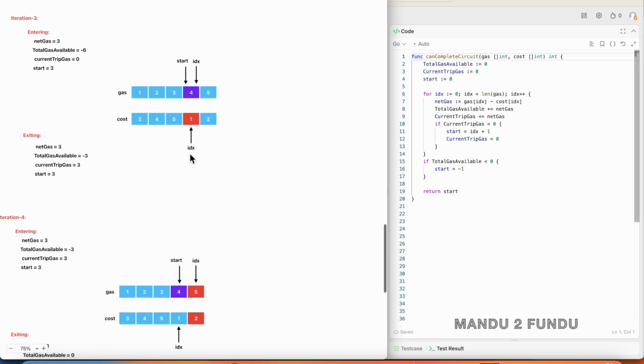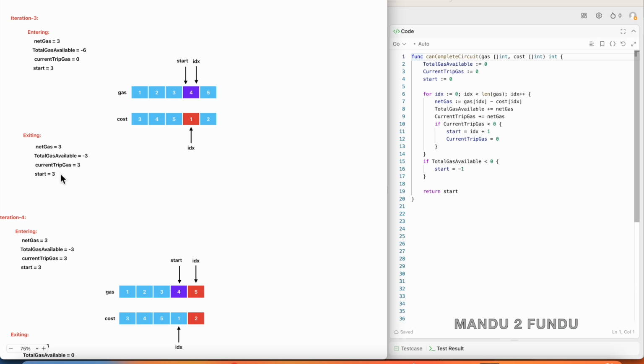Next, in iteration 3 we compute the difference. In this case the gas available is more than the cost to move to the next station, so that's why we see the net gas as 3. When we add the net gas to the total gas it becomes -3 and the current trip gas is 3.